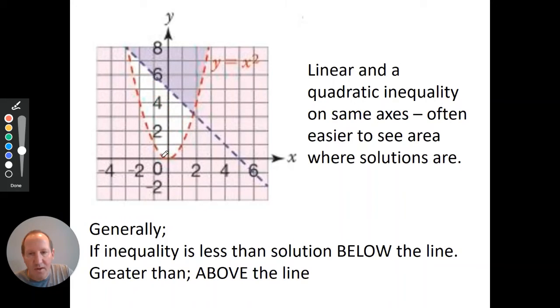So again, this one will be greater than the quadratic, above that, and less than this linear one. And then we've got this area bounded by those two lines. Okay, so generally, if the inequality is a less than, the solution is below the line. If it's a greater than, it's above the line. Both of these, you can see you haven't got an equal to included in the inequality because they're both dotted.